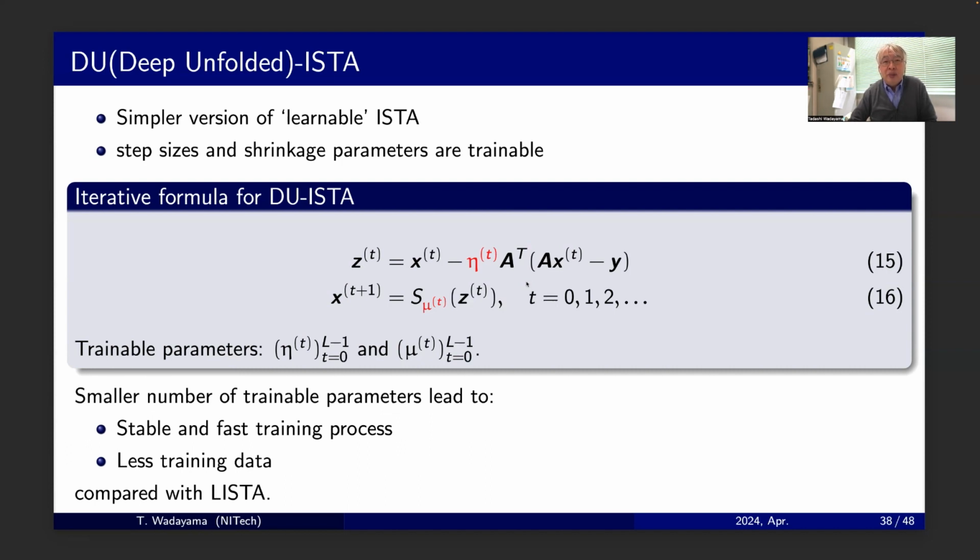And these parameters are considered as trainable parameters. Compared with LISTA, DU-ISTA involves a significantly smaller number of trainable parameters. This leads to a stable and fast training process, and less training data is needed. This is a notable strength of DU-ISTA.